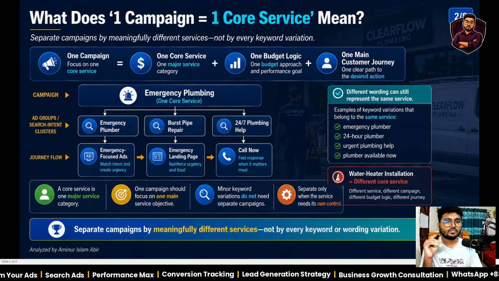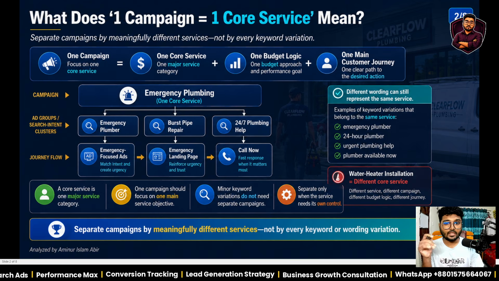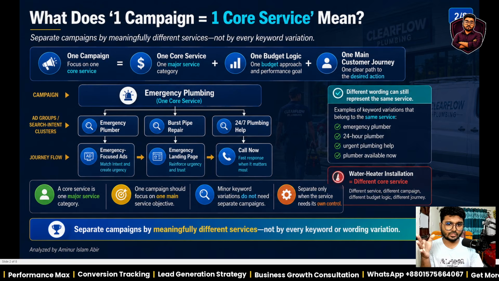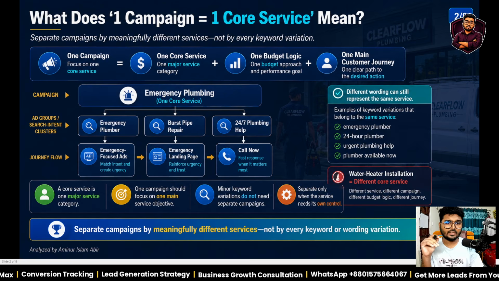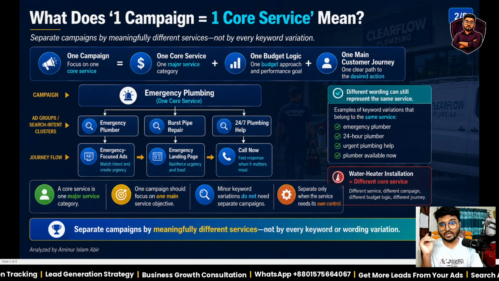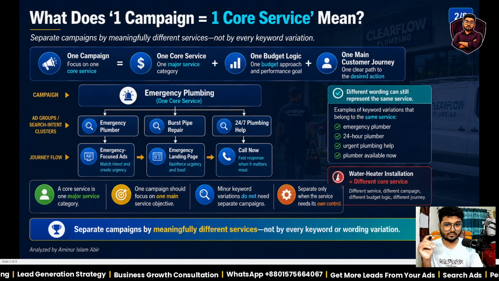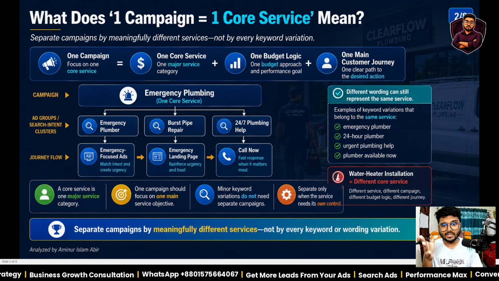A core service is one major service category with its own customer need, business value, and conversion journey. The campaign should focus on one main core service. Inside that campaign, we can create multiple ad groups for smaller intent themes within the same service. For example, an emergency plumbing campaign may contain ad groups for emergency plumber, burst pipe, 24-hour plumbing, and urgent leak repair.